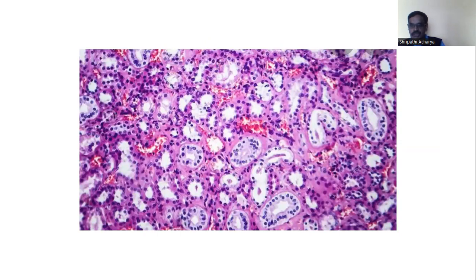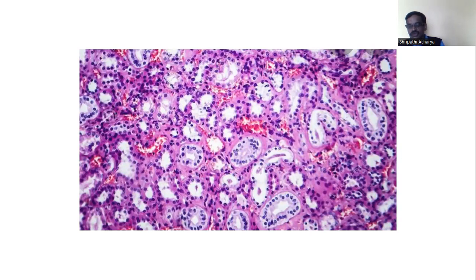When we consider the causes, there are four pathologies: toxic, infective, vascular, and obstructive. Infective causes are repeated urinary tract infections and pyelonephritis that lead to chronic glomerulonephritis and chronic kidney disease.